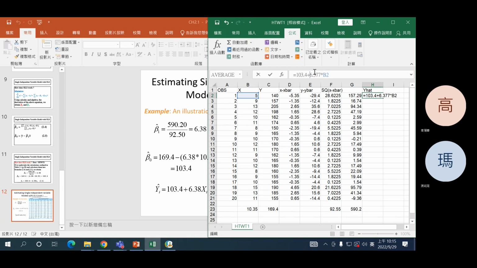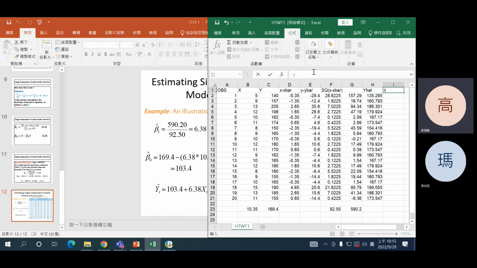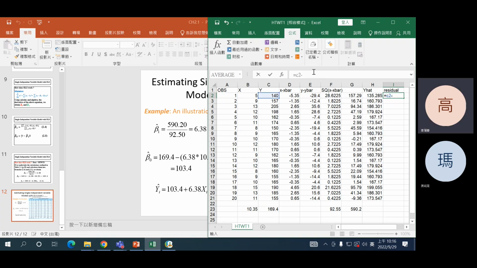Okay, enter it. All right, is this the same as what I have? Yes. Then the last one is the residual. The residual is equal to actual y, which is C2, minus what I have on H2. Is this the same as what I have?